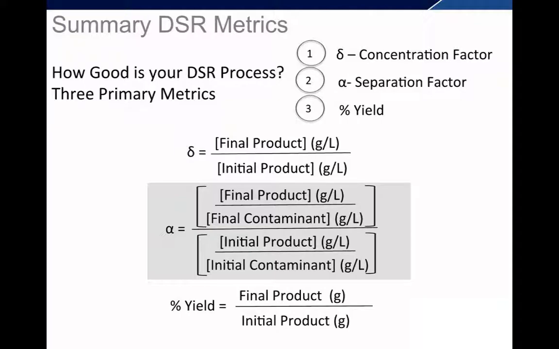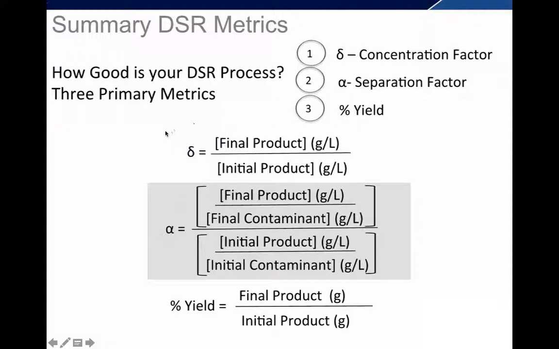There are three primary summary downstream recovery metrics that you need to worry about. So all the different types of chemistry aside, there are really three things that drive your downstream process. These three metrics say how good your process is. One is delta, the concentration factor. One is alpha, the separation factor, and then the yield. Right.